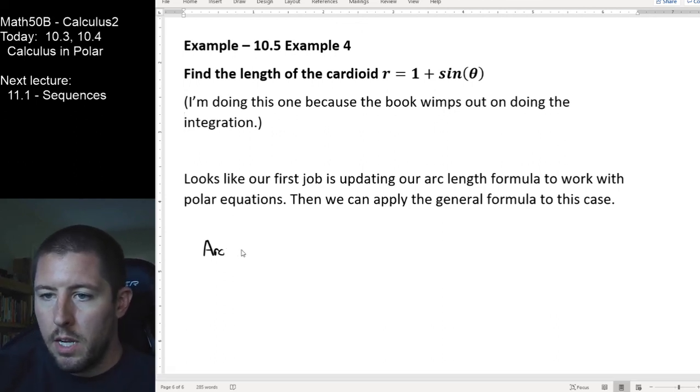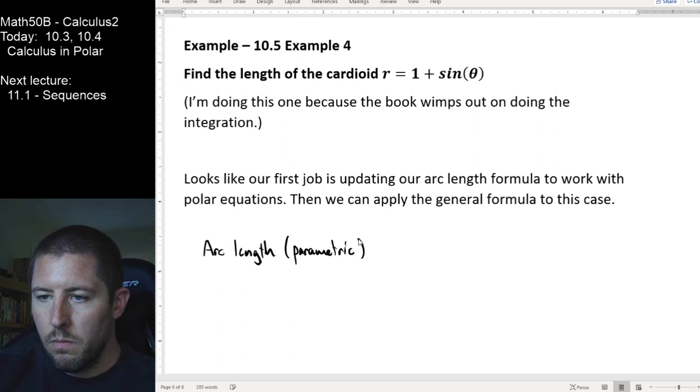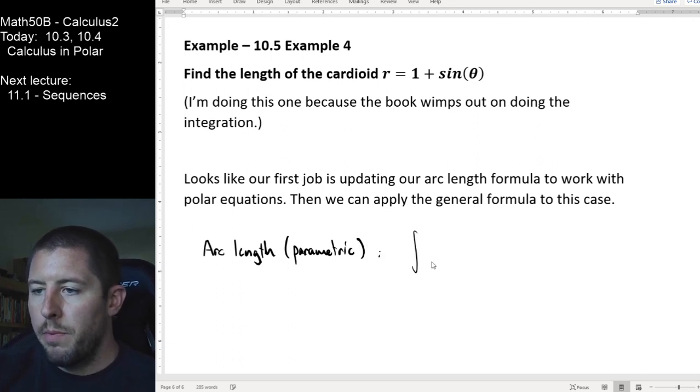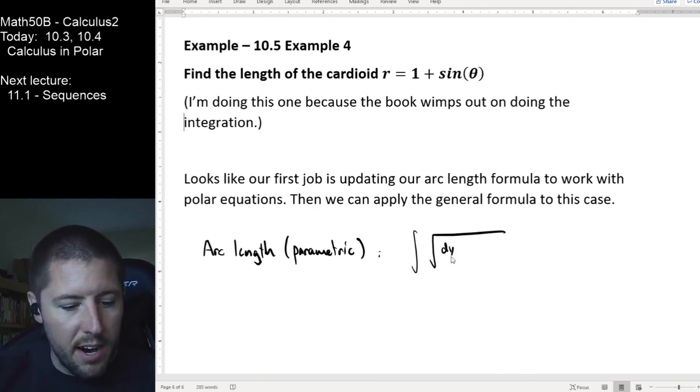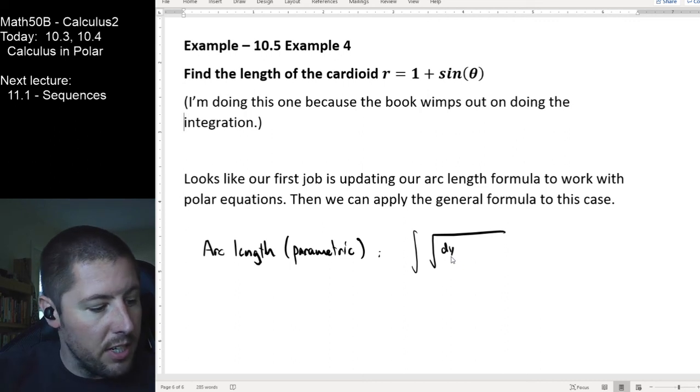So when we're talking arc length in parametric, we were given the integral of, and this one worked out really nicely, our general equation here in parametric.